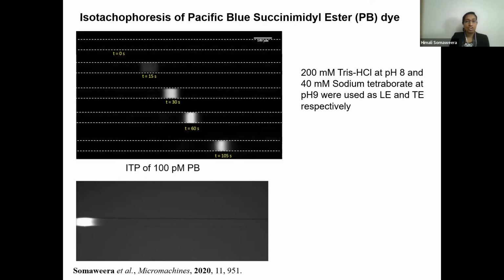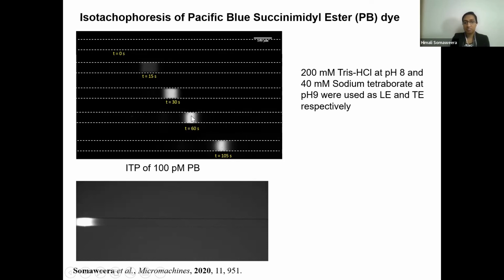So you can see here that at T equals 0 seconds, there's no dye detected because it's not able to concentrate. But with time, as a function of distance, you can see that after 60 seconds, after 1 minute, it's pre-concentrated.